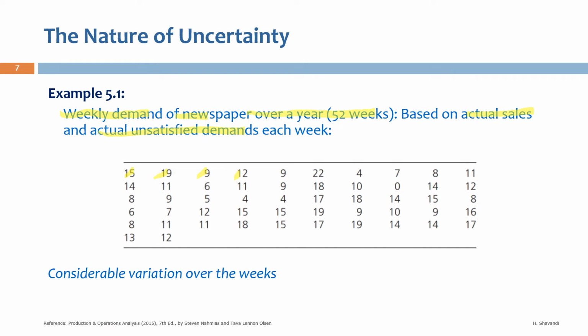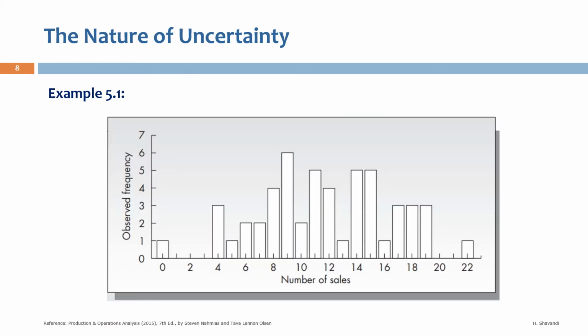But let's go ahead and look at the histogram to see how the uncertainty in this data set looks. Okay, so this is the histogram of the data set, and as you see here, approximately we can say it looks like a normal distribution. So we can approximate the weekly demand of this newspaper as a normal distribution.